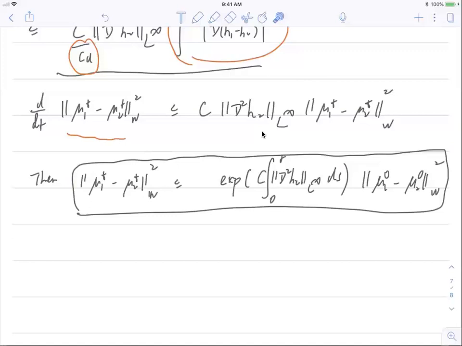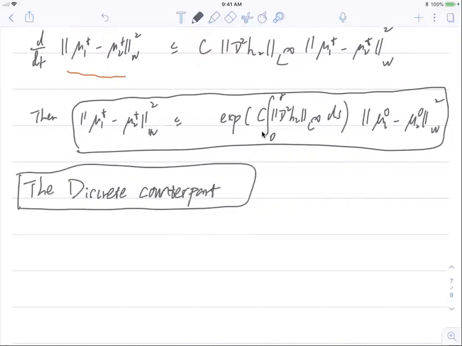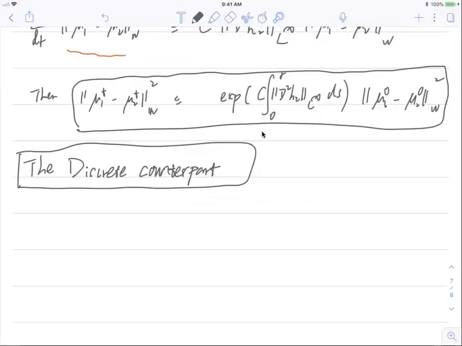So in her paper, the discrete counterpart becomes the following. Let's say xn is one configuration of all the particles.